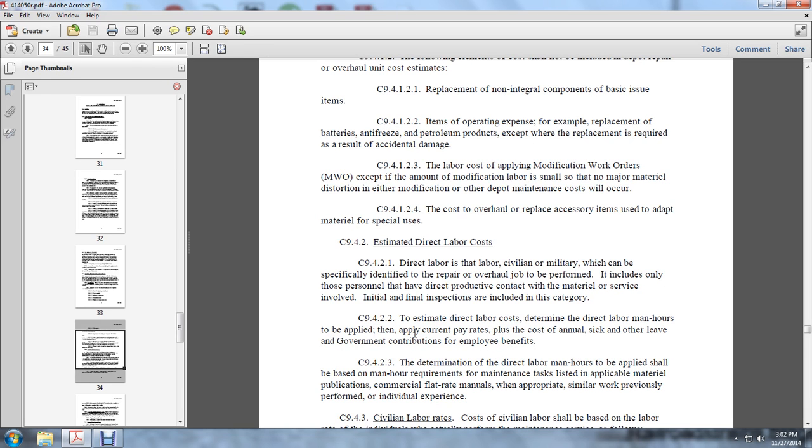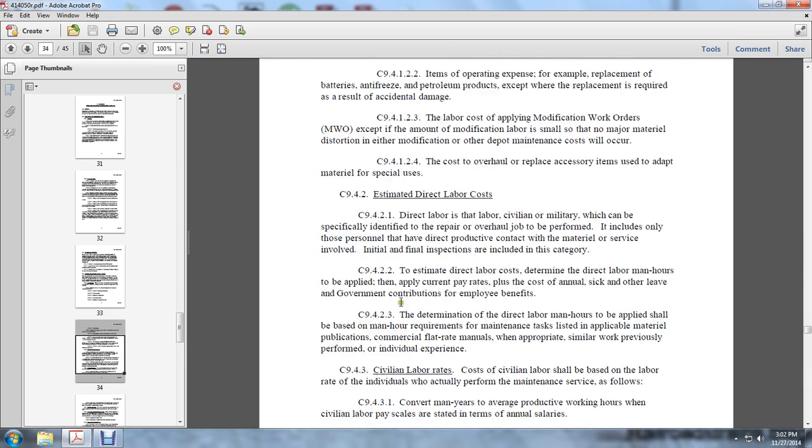To estimate direct labor costs, determine the direct labor man-hours to be applied to the current pay rates plus the annual sick or other leave and government contributions for employee benefits. Determination of the direct labor man-hours shall be based on man-hour requirements, maintenance task lists, applicable material publications, commercial flat rate manuals when appropriate, similar work previously performed, and individual experience.